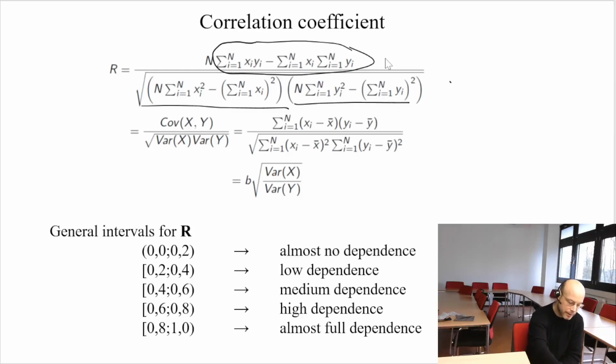This is covariance divided by the standard deviations. And with this, of course, we normalize this.